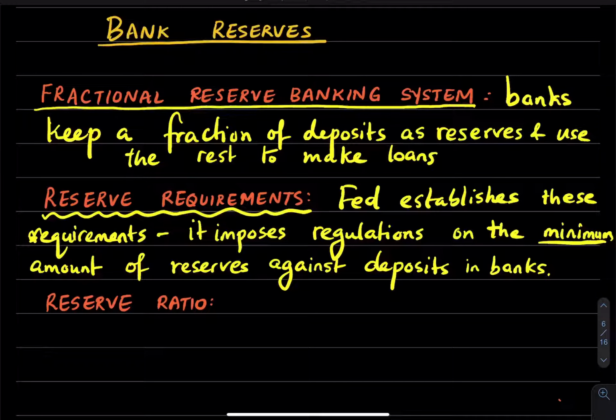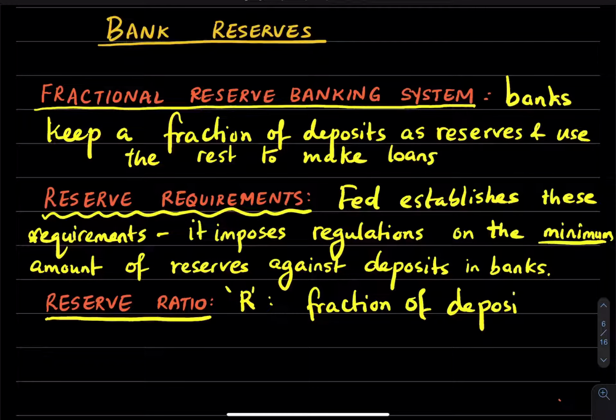The next thing we want to talk about is called the reserve ratio, which is that 10% that I had described in the previous slide. So the reserve ratio is represented by the letter R. R is basically the fraction of deposits that banks hold as reserves.